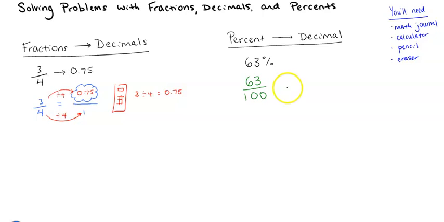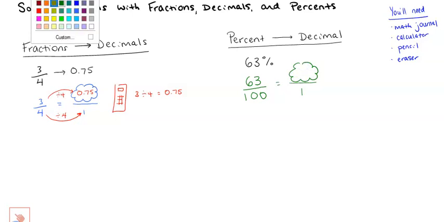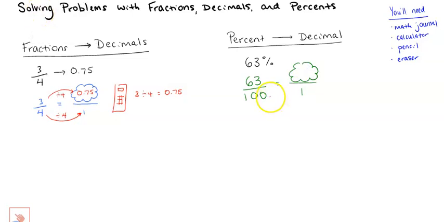So just like any other fraction, we want an equivalent fraction where the bottom number, the denominator, is 1, and the number we get on top is going to be our decimal. We want our 100 to turn into 1. So just like any other fraction, we're going to divide it by itself. Whatever we do on the bottom, we're going to do on the top. So I'm going to divide 63 by 100 in my calculator.